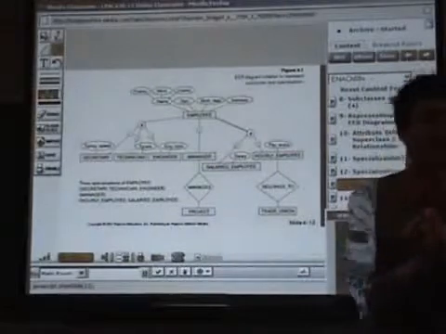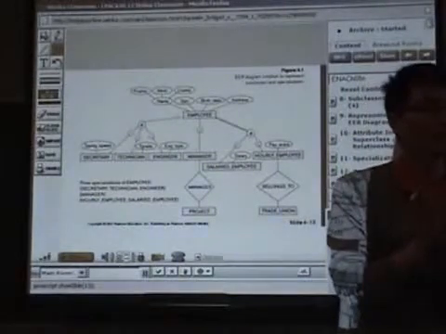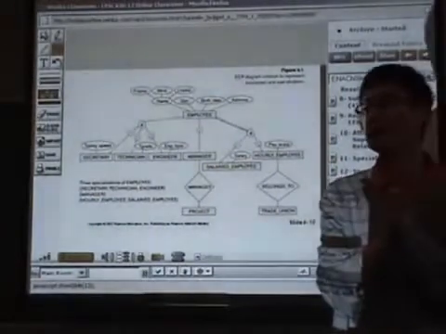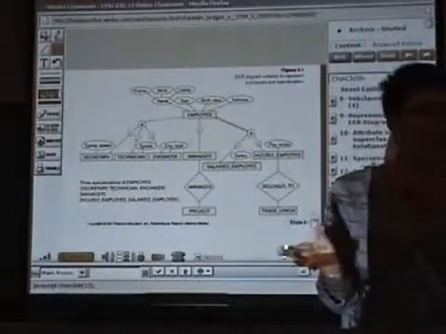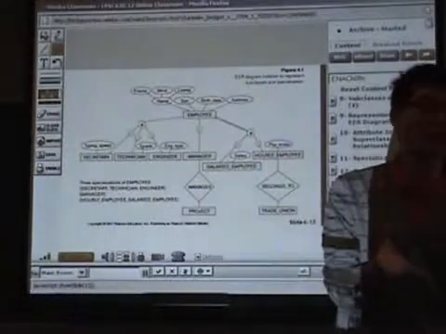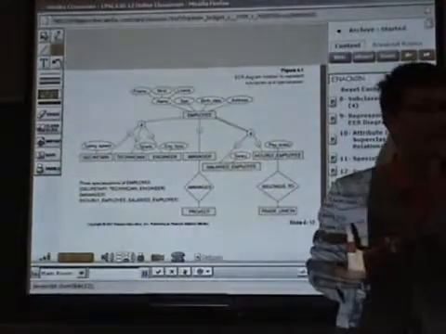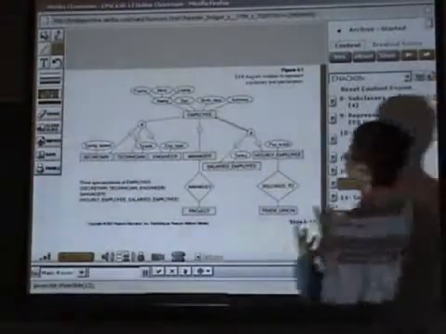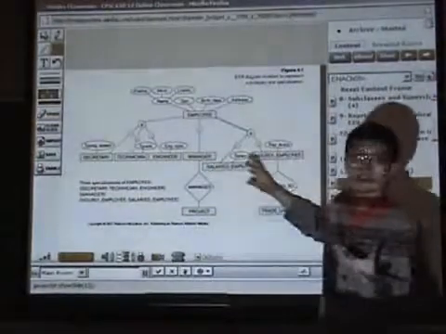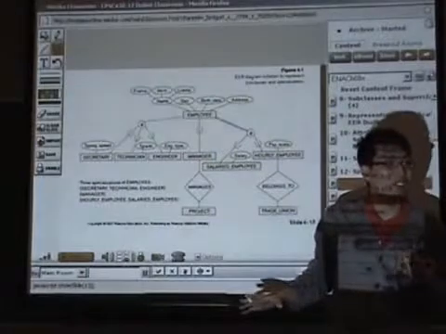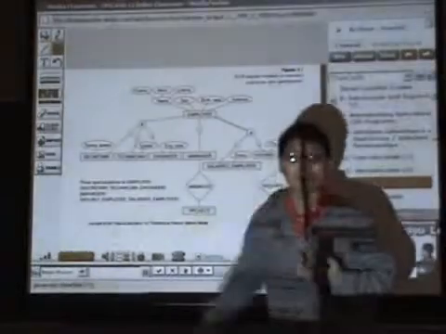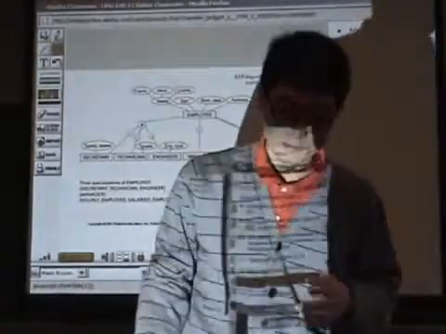In modeling, that's not important. Why? We don't need such specialization or generalization in our database. What we need is to model super and subclasses. So this is not very important. You can just ignore that.